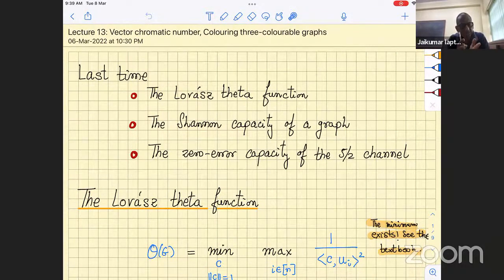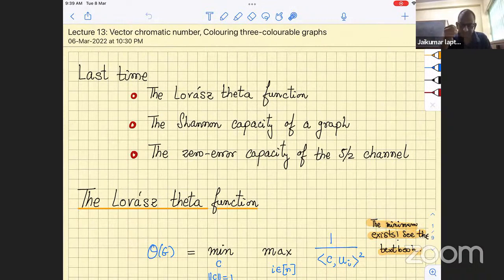The moment we took the product of two such pentagons, instead of having 4, which is what we would have got by just taking the product of the independent set with itself, we start getting 5. And one wonders if taking 4 and 8, we could do better than 5 for every 2 uses of the channel. And what Lovász showed is no, that's not the case. Whatever advantage you had to get by coordinating across uses of the channel, you have already achieved it by the time you use the channel twice.